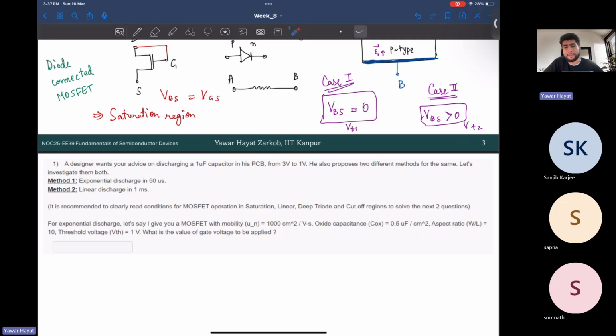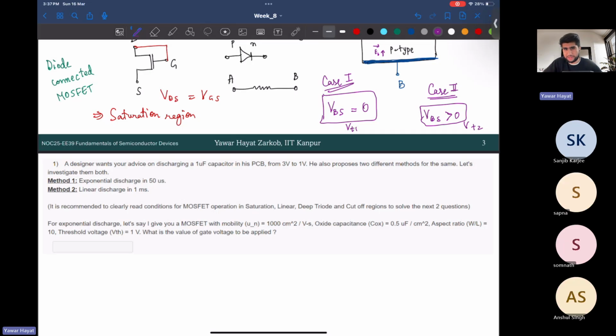Is that clear? Yes, sir. You'll not need to submit this assignment. This is just for your practice. So the questions that are marked as assignment, you are suggested to try on your own. No need to submit that.